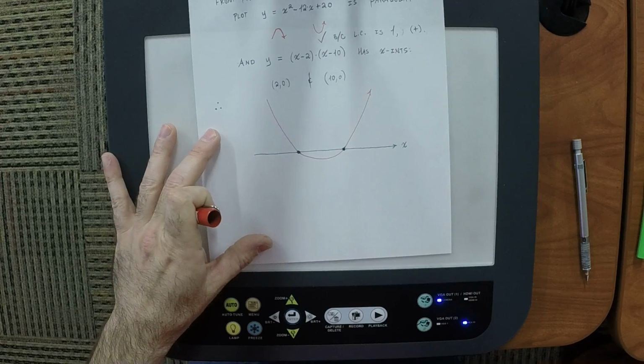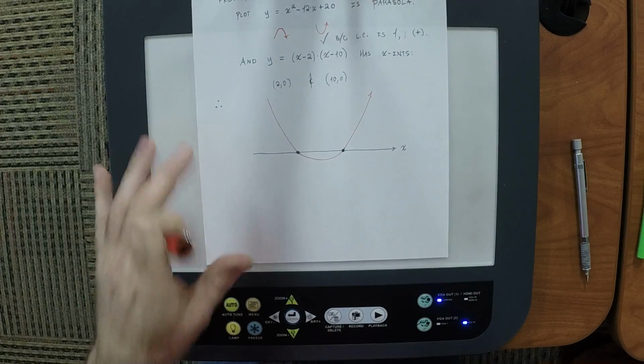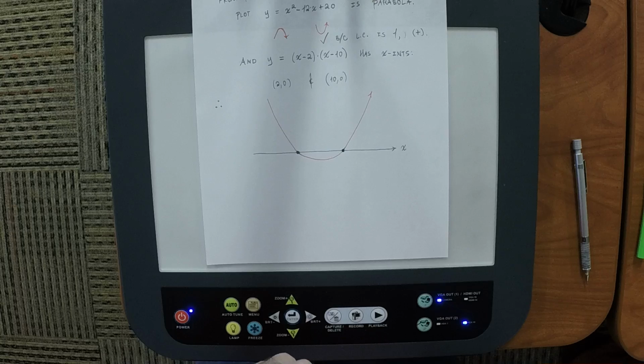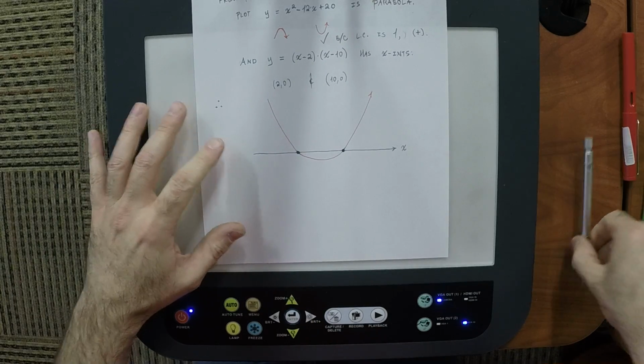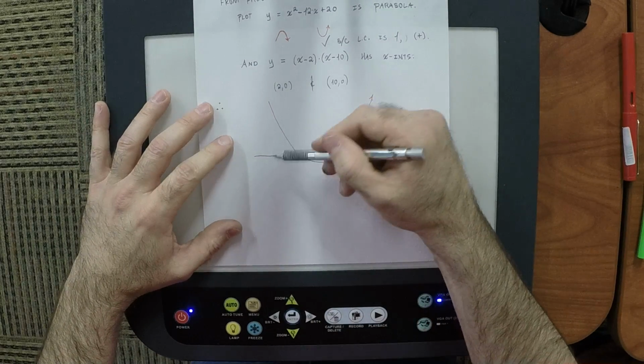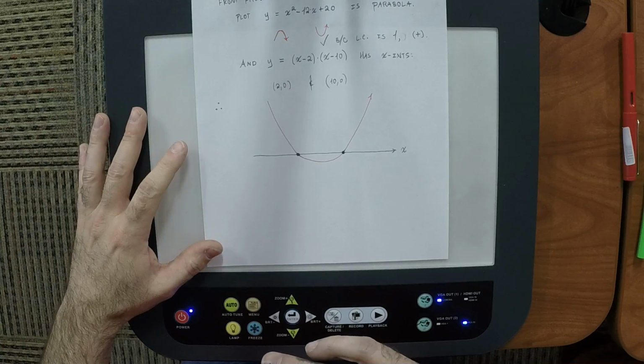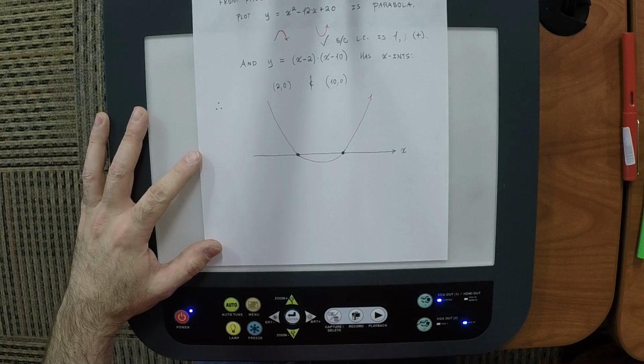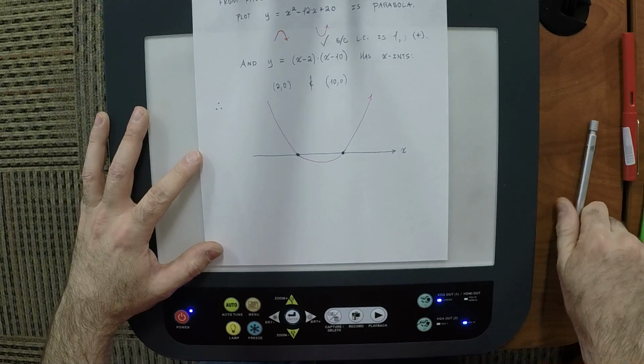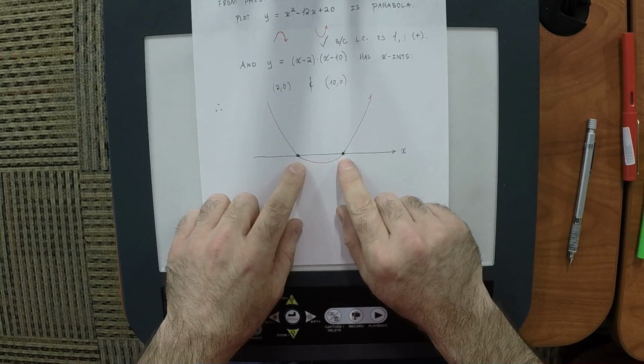That's what it has to look like, more or less. All right. So again, the y-axis is over here, but I'm not drawing it because it would confuse the matter.